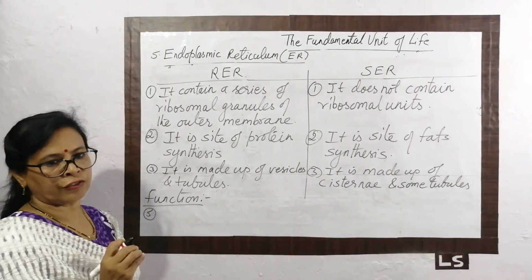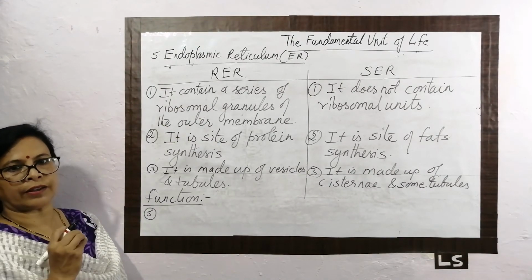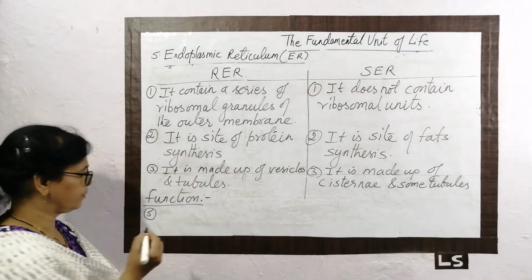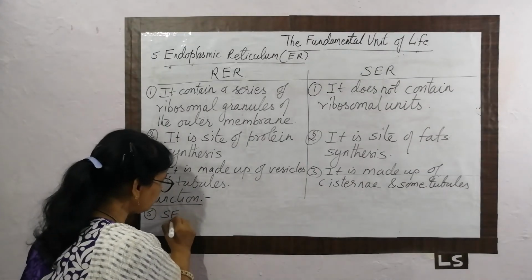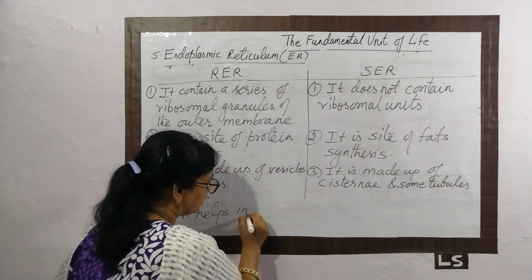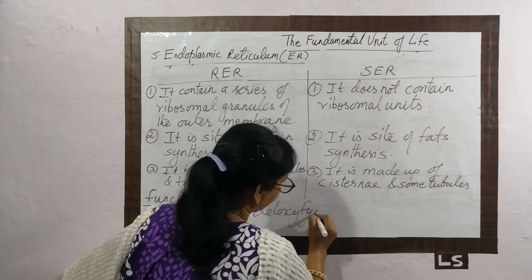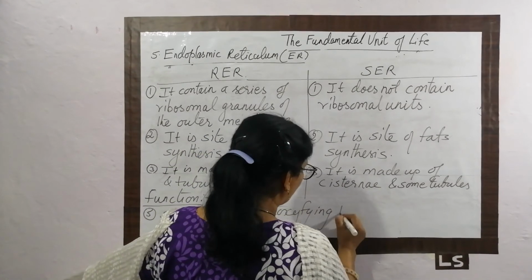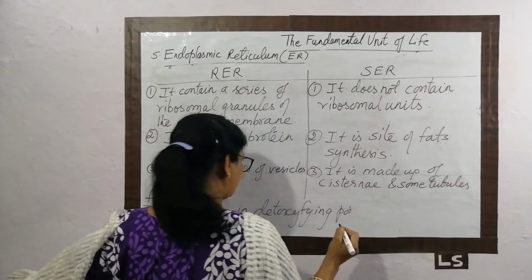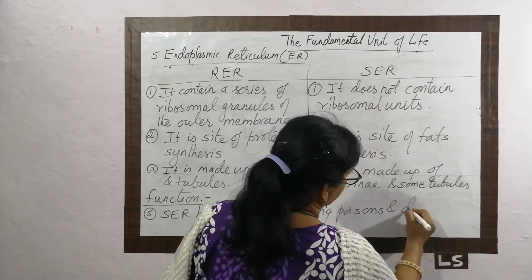It helps in detoxifying poisons and drugs. Smooth endoplasmic reticulum helps in detoxifying poisons and drugs.